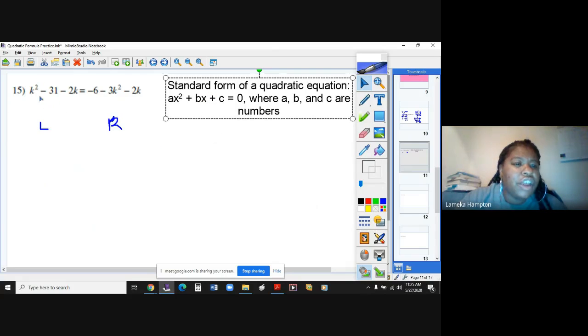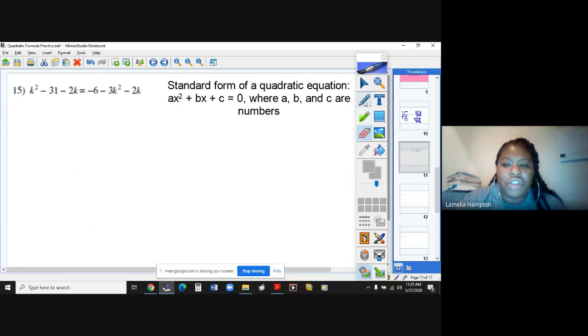So remember, you want everything that's on your right-hand side to be on your left, because on the right, you want everything to equal 0. Now, that means you're going to have to remember your like terms. I have a negative 3k squared, but I want to move it to the left.